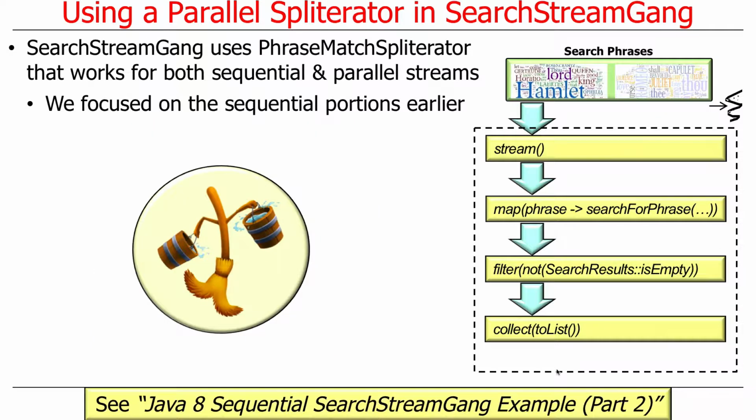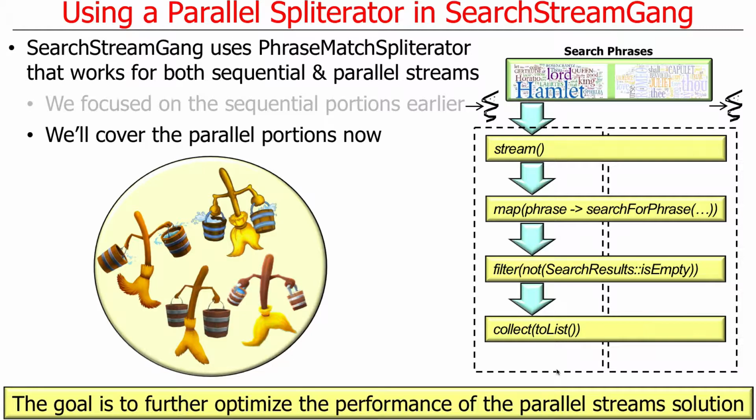When we had talked earlier, we talked about the sequential version, where we just had a single thread doing the breaking of the input up into chunks using the tryAdvance method. And now we're going to talk about the parallel version, where we're going to have multiple threads working on the input once it's split into parts.